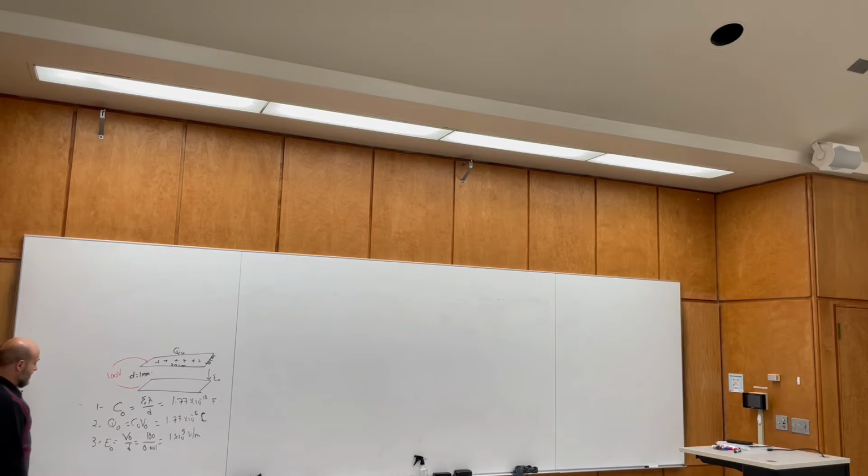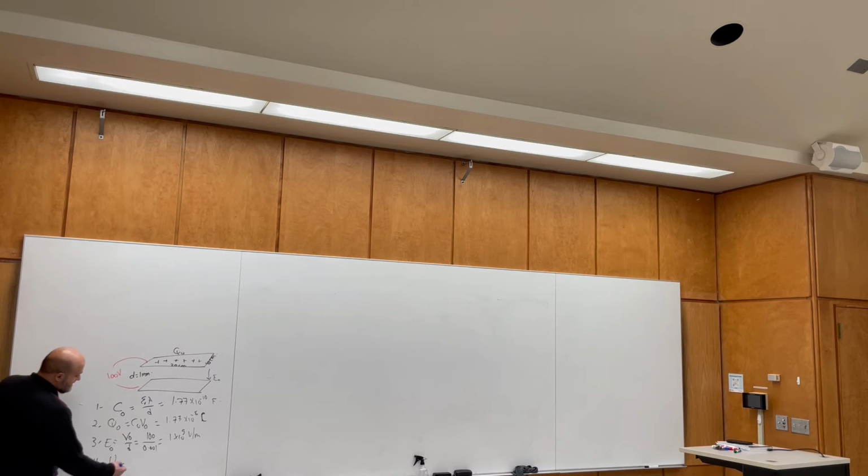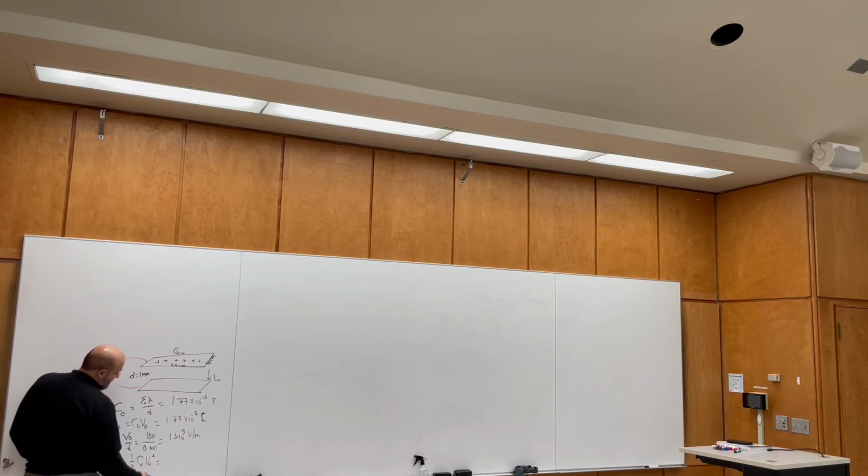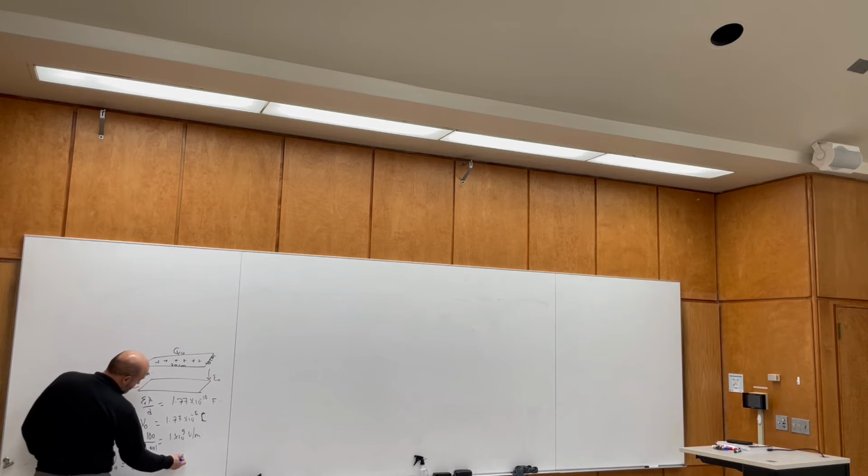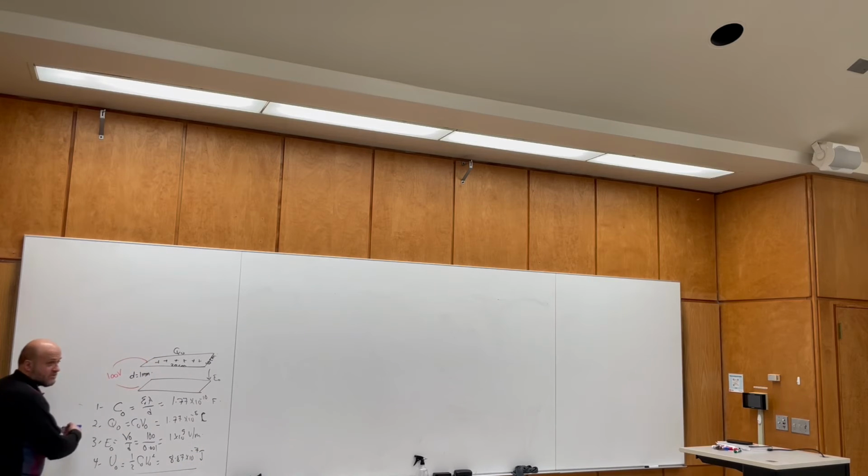And then finally we ask about the energy, U0, which is half C V squared. If you do the numbers, C0 is this and V is this, we got 8.87 times 10 to the negative 7 joules. You can look at the numbers from yesterday's example. So that's what we did.